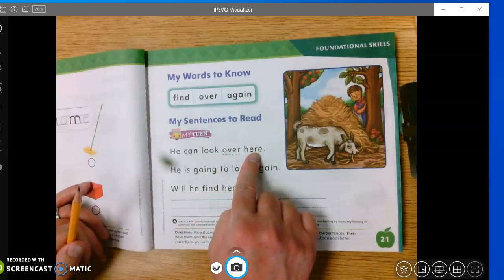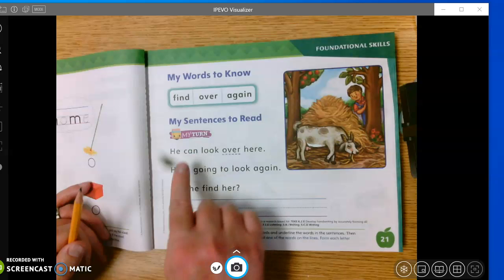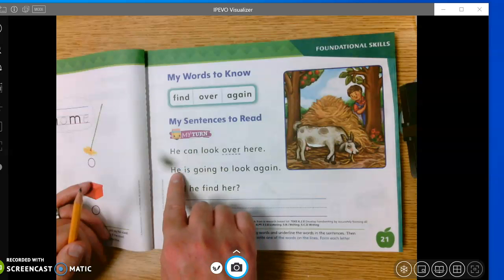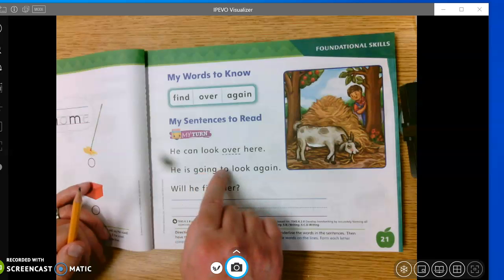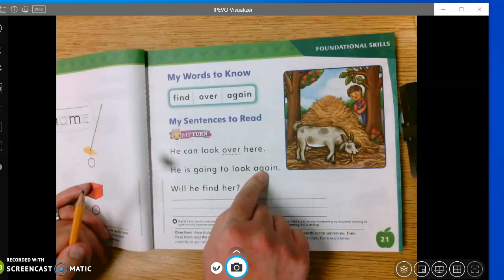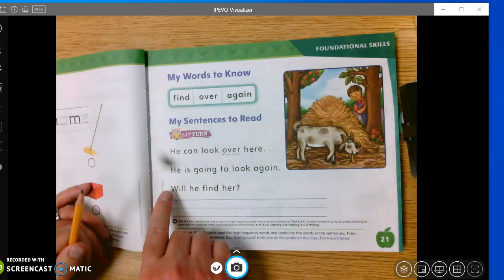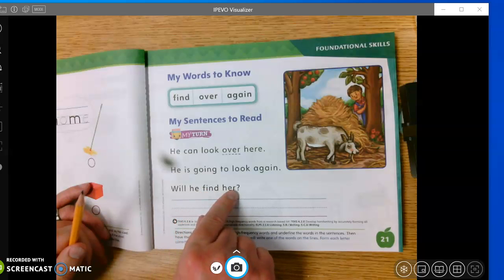The next word here. Okay. He can look over here. The next sentence, he is going to look again. And the last sentence, will he find her?